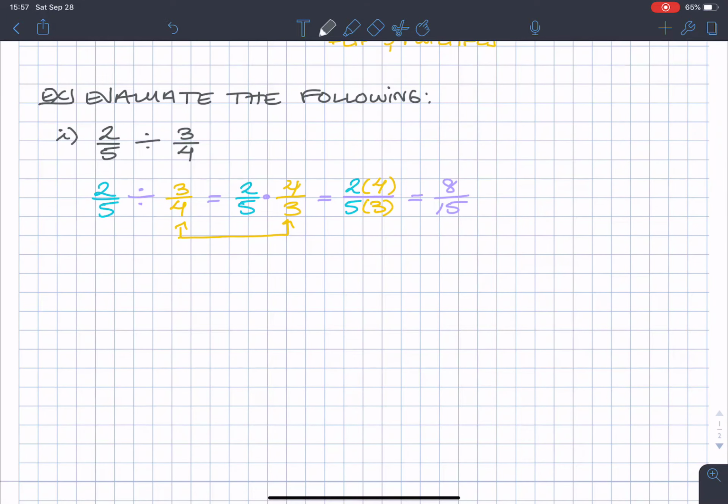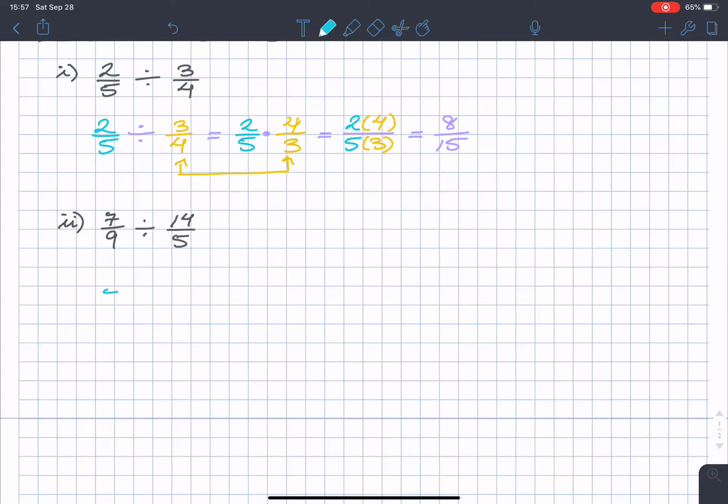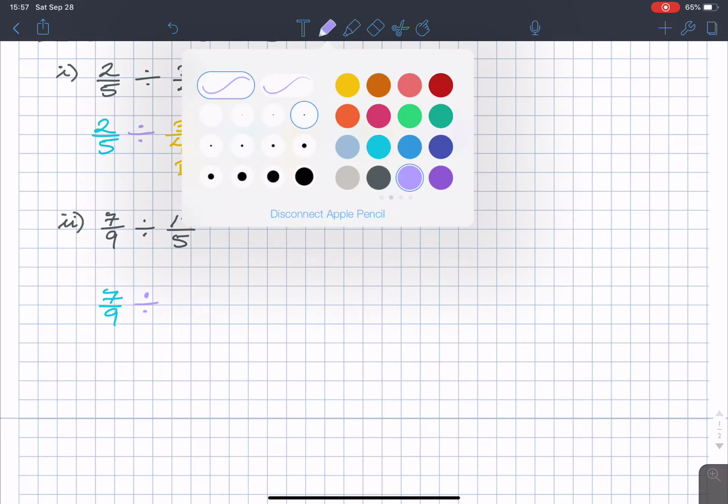Hopefully you're understanding this. So number 2, let's say I had 7/9 divided by 14/5. So once again, I'll color code. Let's have the first fraction be in blue. So 7 over 9 divided by 14 over 5.